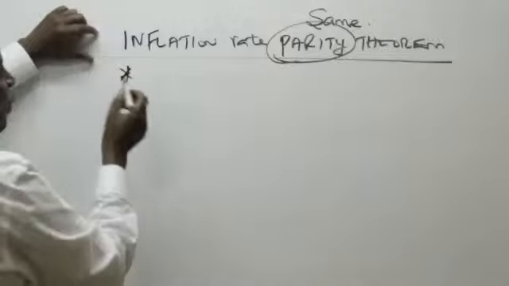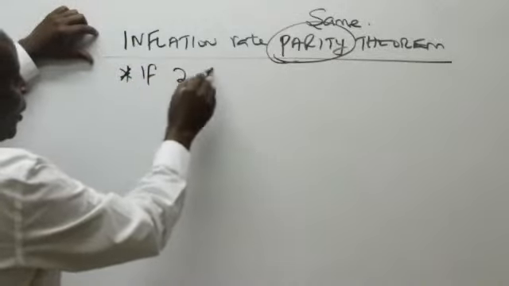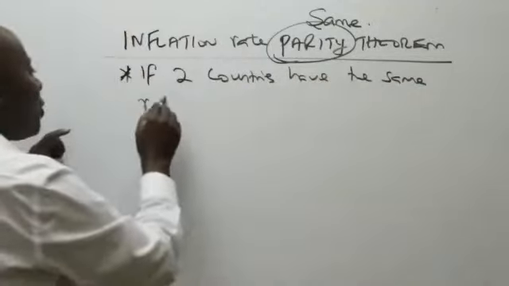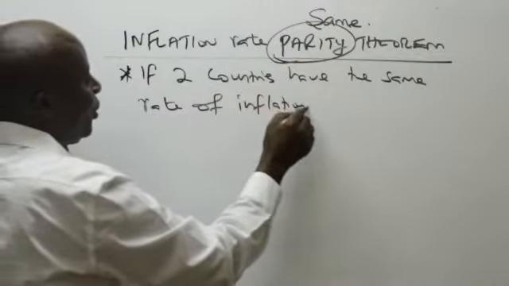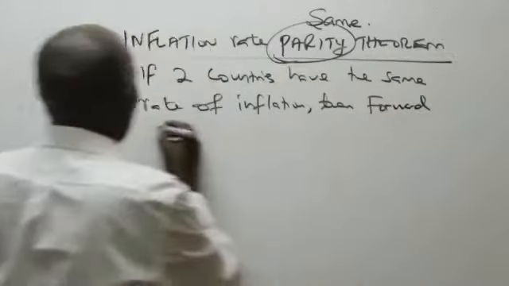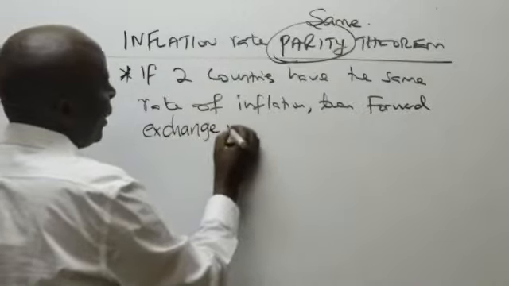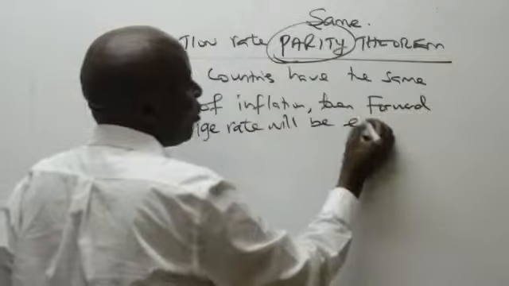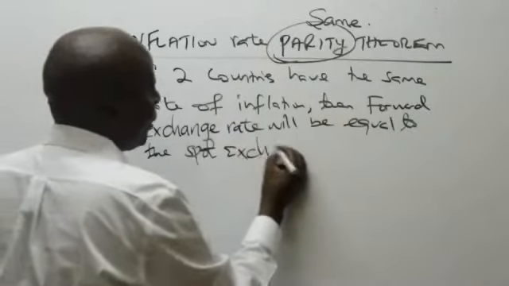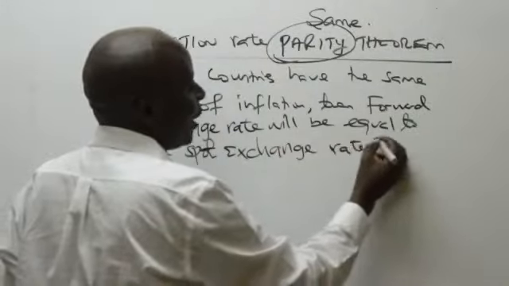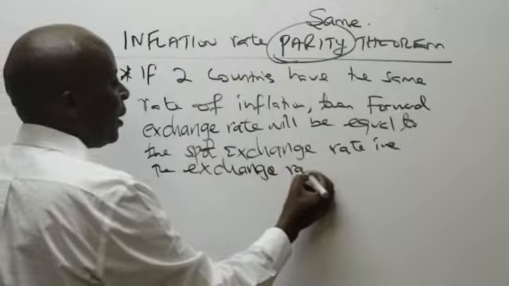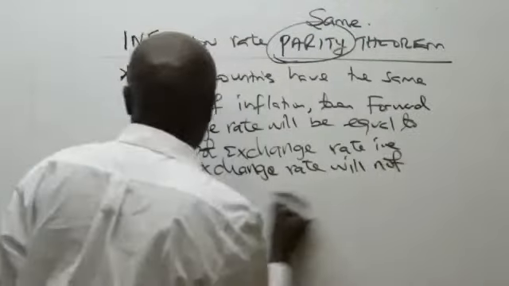What you're supposed to know is that if two countries have the same rate of inflation, then the forward exchange rate will be equal to the spot exchange rate, i.e. the exchange rate will not fluctuate.